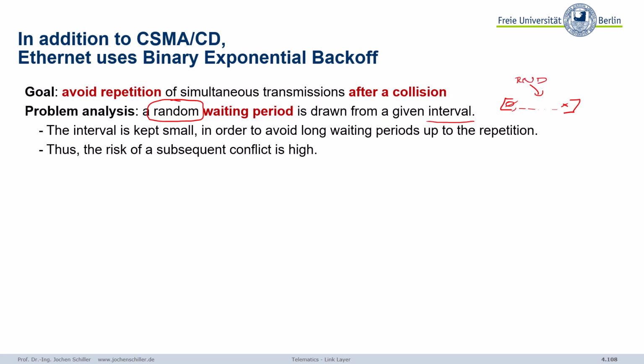So in the beginning, you try to keep the interval small, because if you have a large interval, it could be the case you pick a high random number, and that means waiting for a long time. So problem. But if the interval is a fixed small interval, you have a high risk of subsequent collisions again. So what is done?